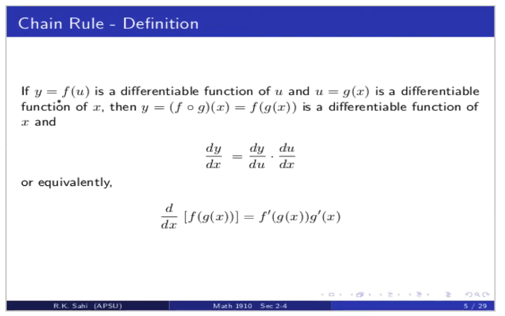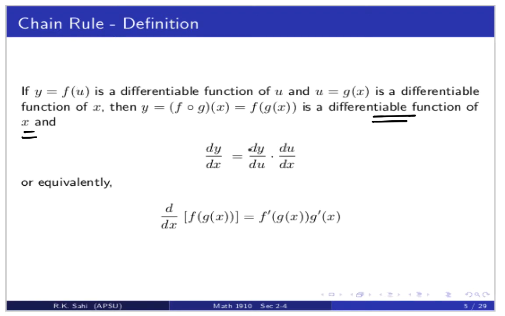Now, if y is a differentiable function of u, and u is further a differentiable function of x, where u is given by g of x and y is given as f of u, then y, the composite f of g of x, is a differentiable function of x. And how do we write dy by dx? Remember, we're differentiating with respect to x. First of all, notice y is a function of u.